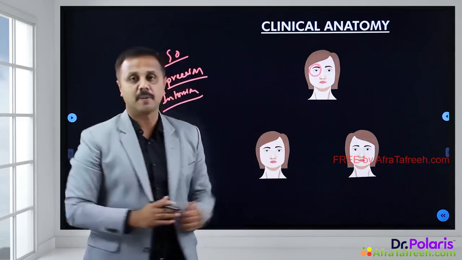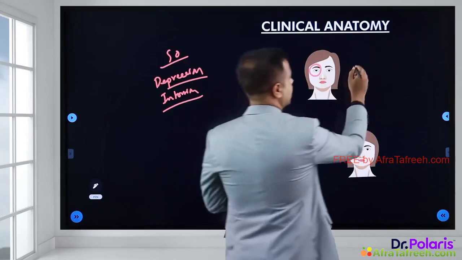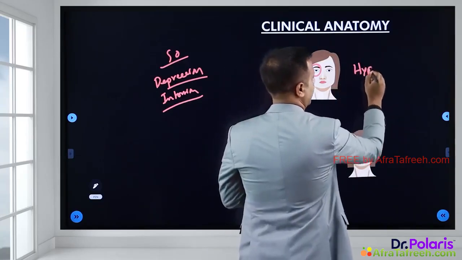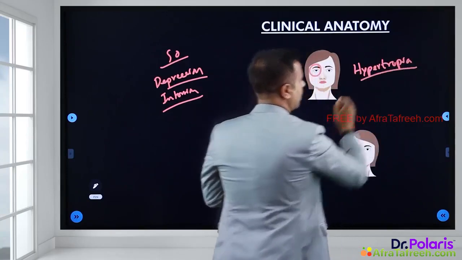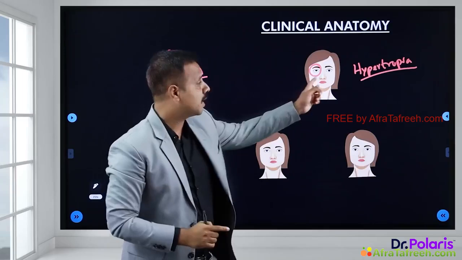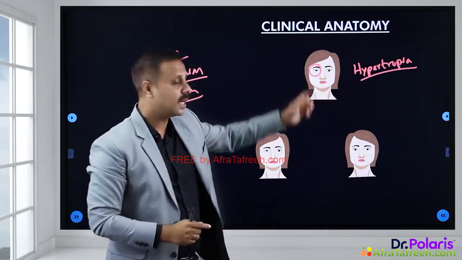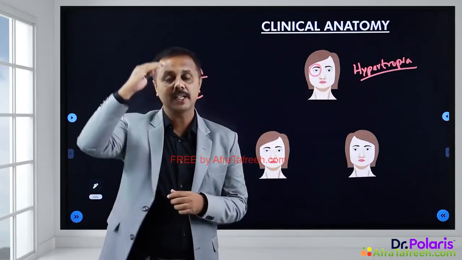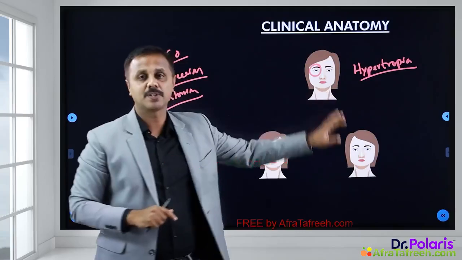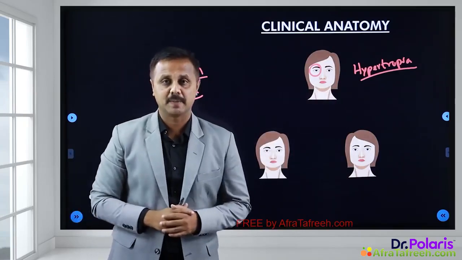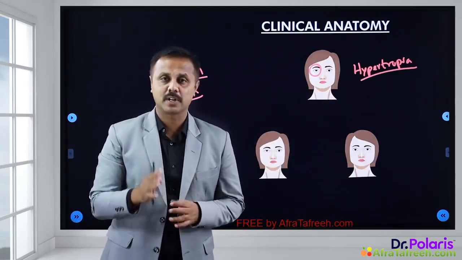This phenomenon is what we refer to as hypertropia. So what is hypertropia? Abnormal visual axis in which one eyeball is comparatively higher in position in the vertical axis. This results because of paralysis of the superior oblique or injury to the trochlear nerve.